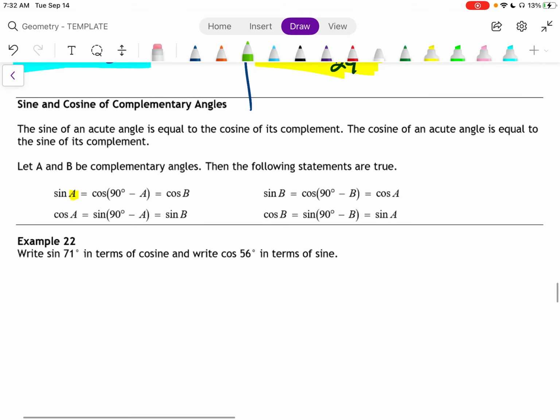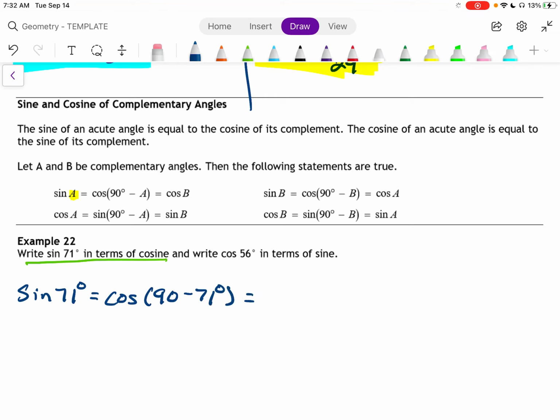Example 22. Write sine of 71 in terms of cosine. So sine of 71 degrees is going to be equal to cosine of 90 minus 71 degrees, which is equal to cosine of, well, what would that be? What's 90 minus 71? Is that 21? 29? 90 minus 71?